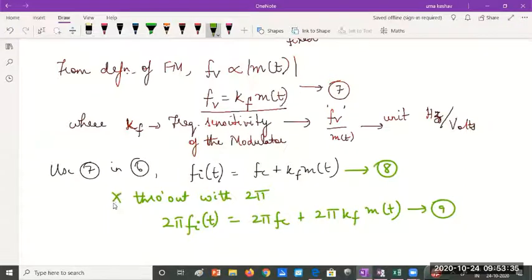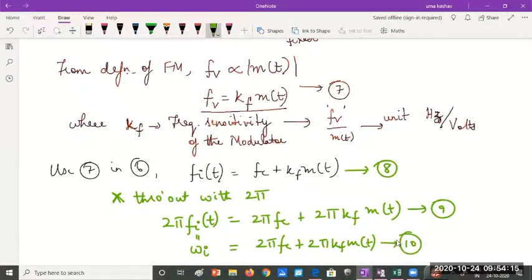That's all. Now, what is 2 pi Fi? 2 pi into F represents the angular frequency omega I, and this is equal to 2 pi fc plus 2 pi kf m of t.